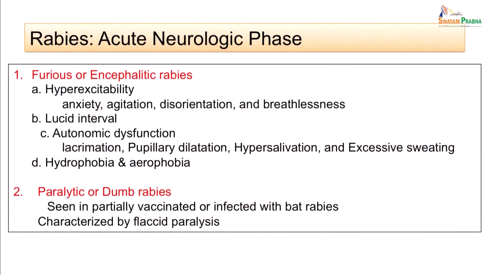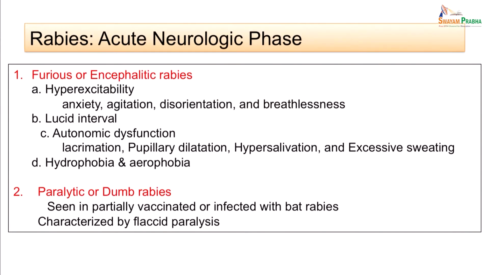Now, furious or encephalitic rabies is characterized by hyperexcitability in the form of anxiety, agitation, disorientation and breathlessness, which alternates with lucid intervals. Now, there are also signs of autonomic dysfunction in the form of increased lacrimation, pupillary dilatation, hypersalivation and excessive sweating.